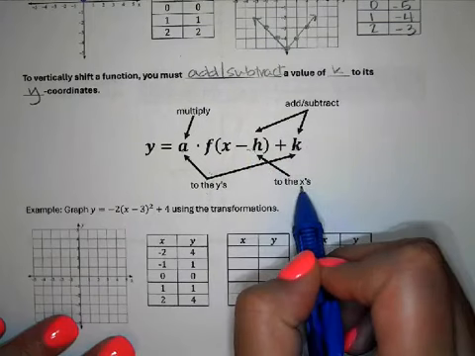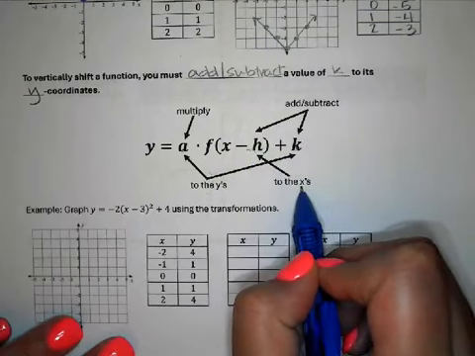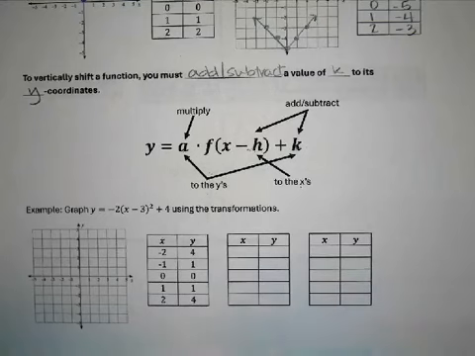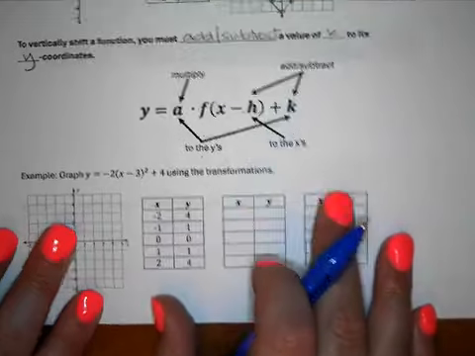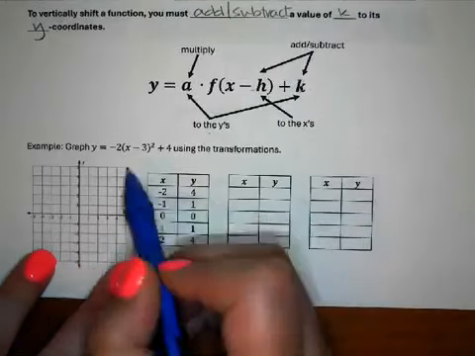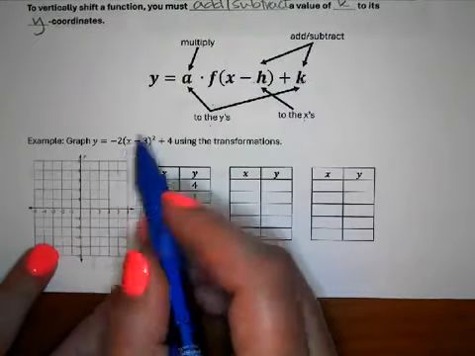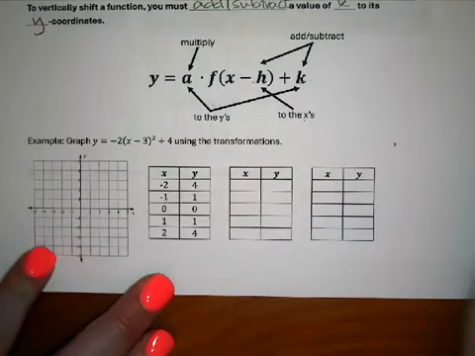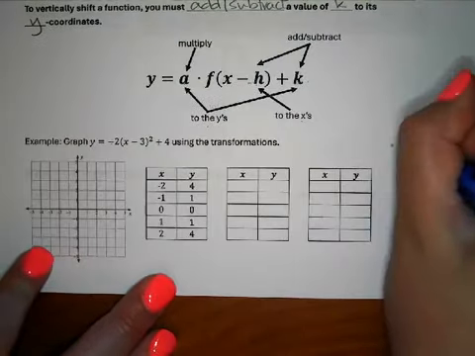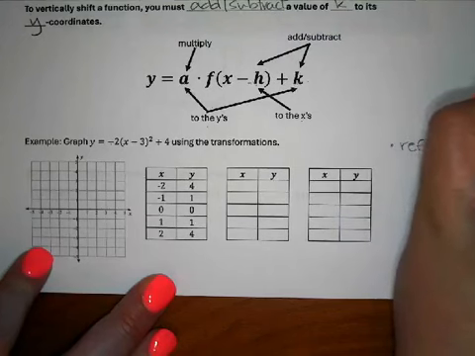Okay, so we're going to go ahead and put all of that together. So here, I'm going to make a list of my transformations for this example right here. We have a negative in the front, so that negative in the front means that the graph has been reflected over x.